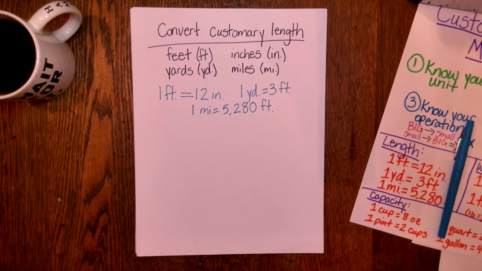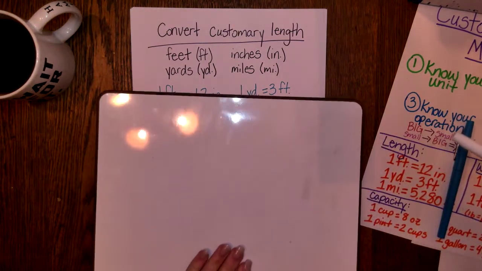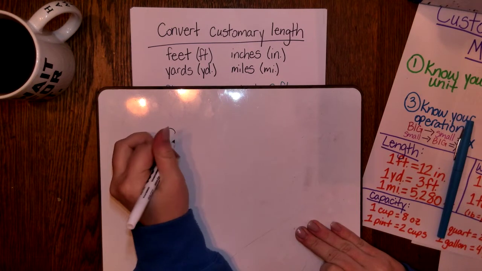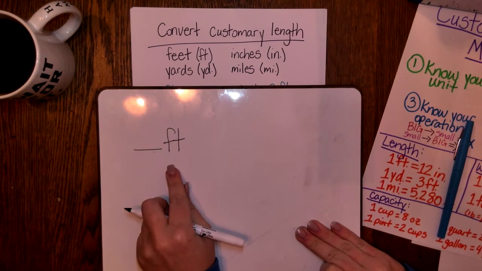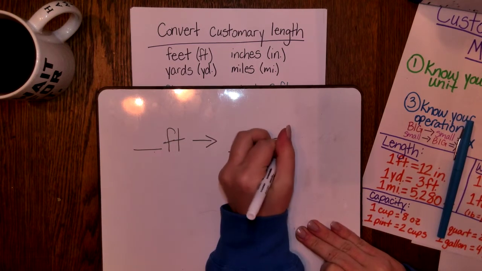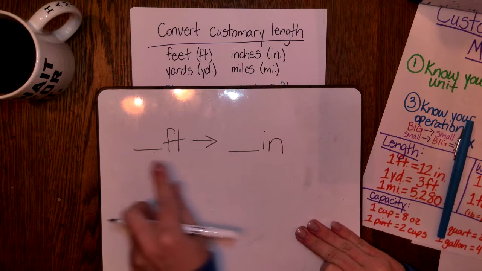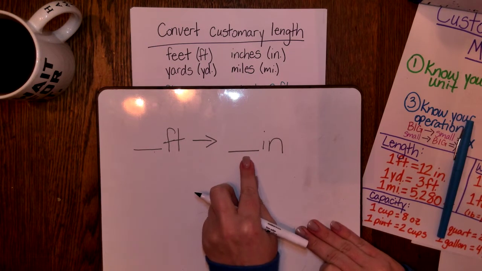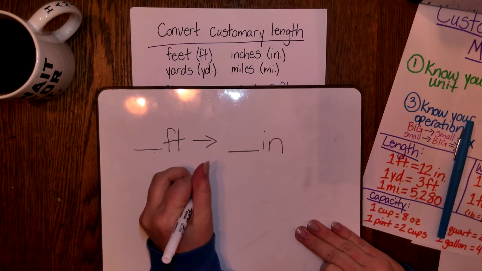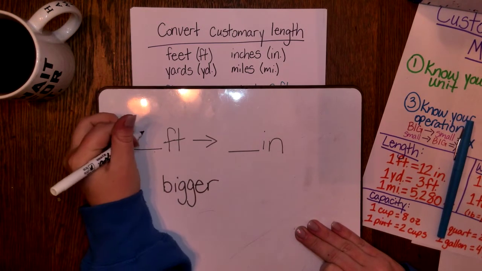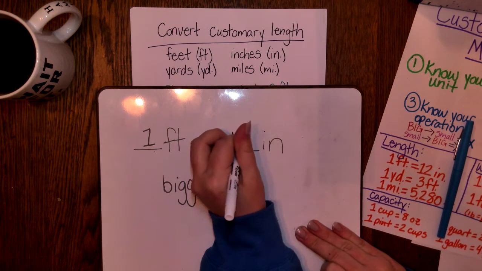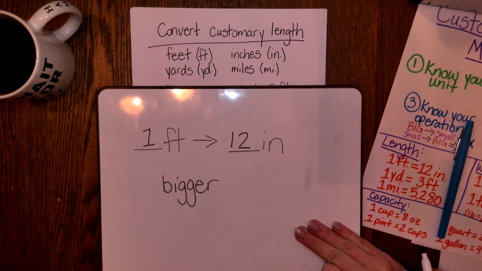So, if I'm going from feet to inches, my number is going to get bigger. 1 foot is 12 inches.